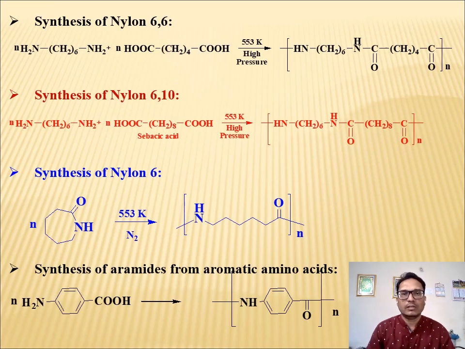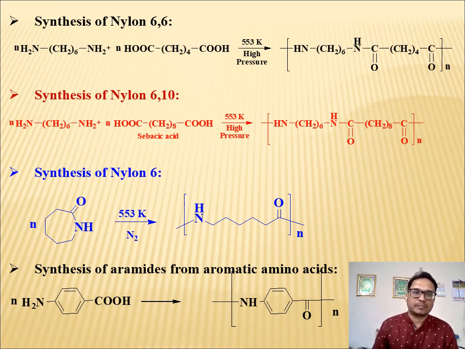Nylon 6, nylon 66, nylon 610 are a few polyamides which have very high commercial value. Nylon 66 is prepared by reaction of hexamethylene diamine and adipic acid at very high pressure. Similarly, nylon 610 is prepared by the reaction of hexamethylene diamine and sebacic acid at high pressure.